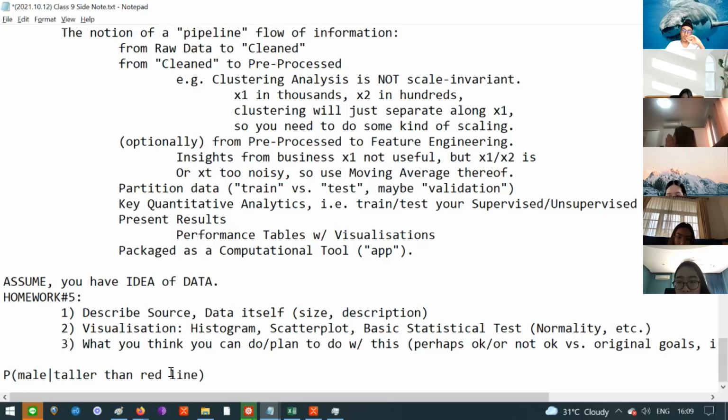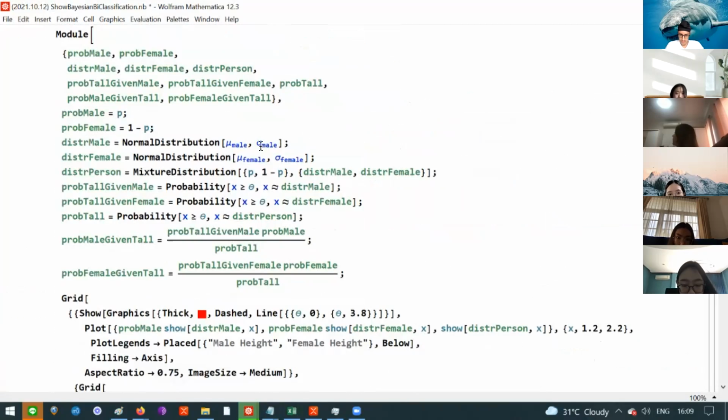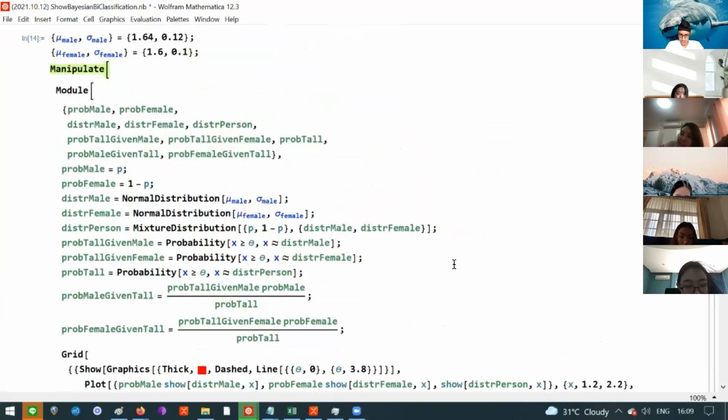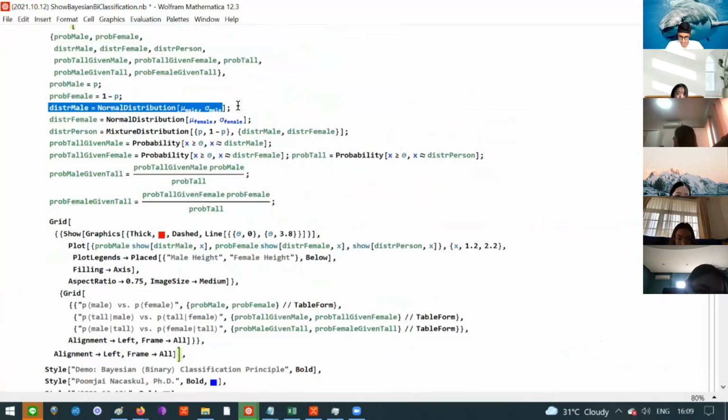That's what I'm doing. This is my red line. There's a lot of silly formatting, but basically this is the probability of male, this is the probability of female, this is the distribution of male, this is the distribution of female.